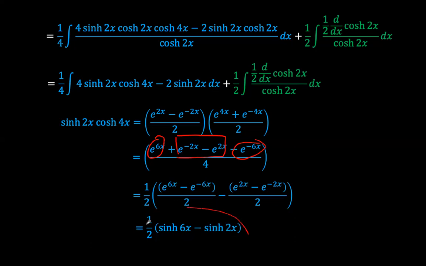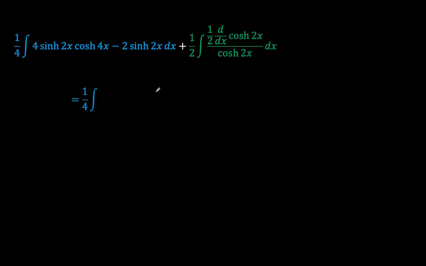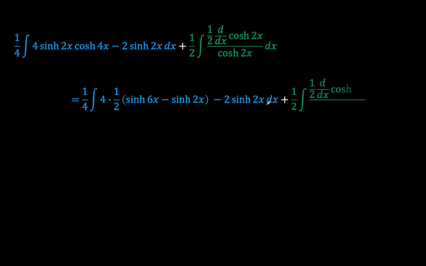So we can now take this and plug it in place of this expression here. So that means that in place of this, we have 4 times a half sinh 6x minus sinh 2x, minus 2 sinh 2x for the blue.